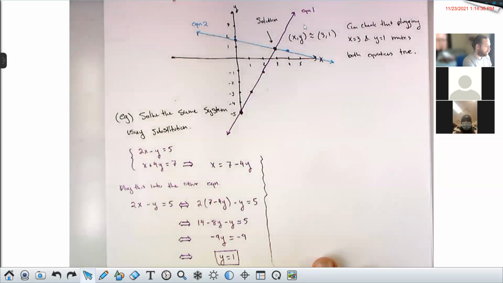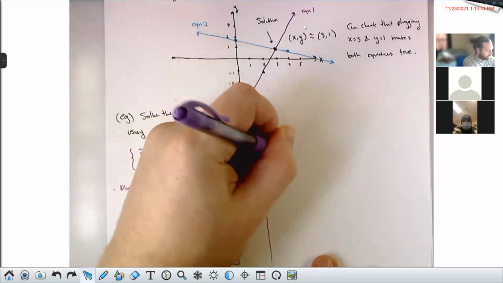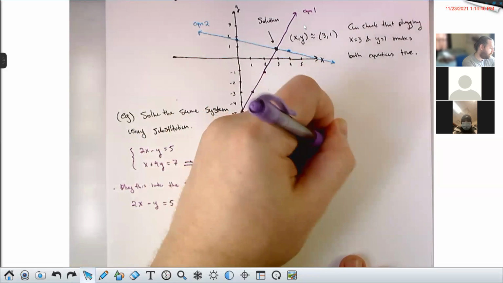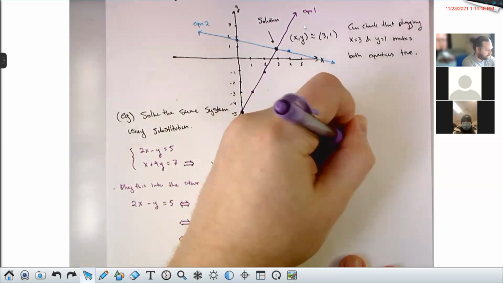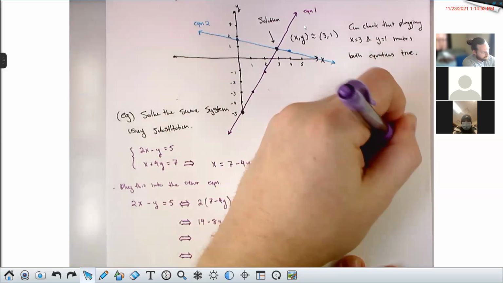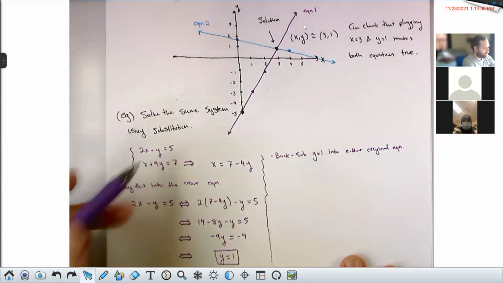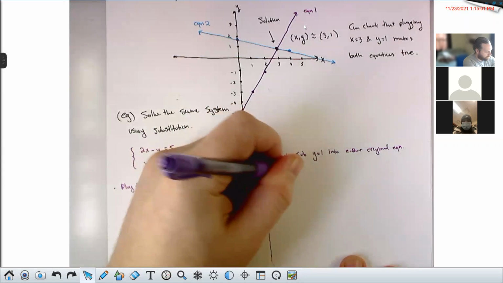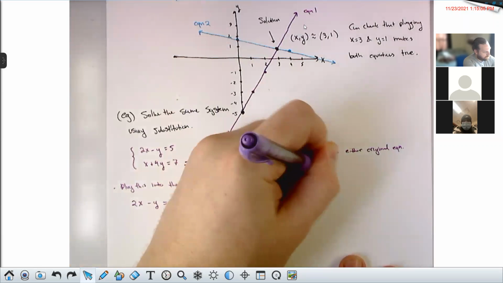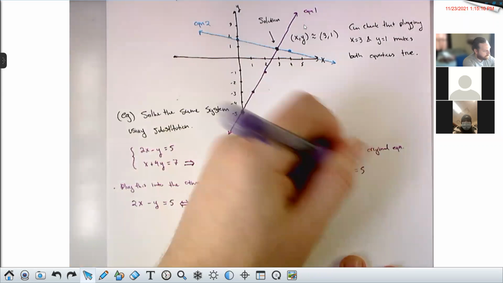We still need to find x. So our last step is to back substitute y equals 1 into either equation. So if I put y equals 1 into equation 1, 2x minus y equals 5, this will become 2x minus 1 equals 5.